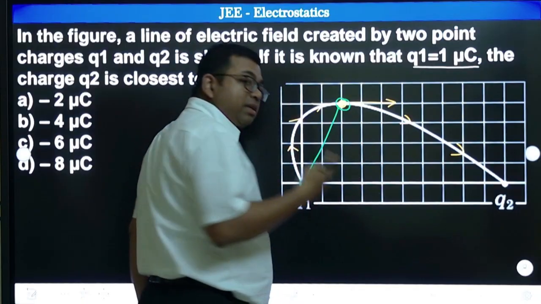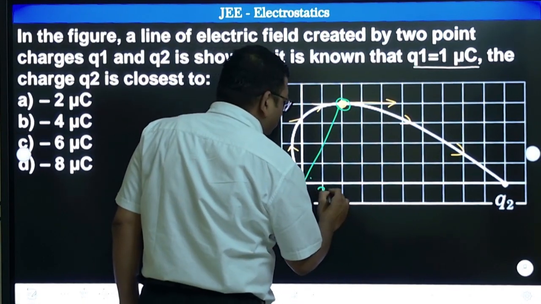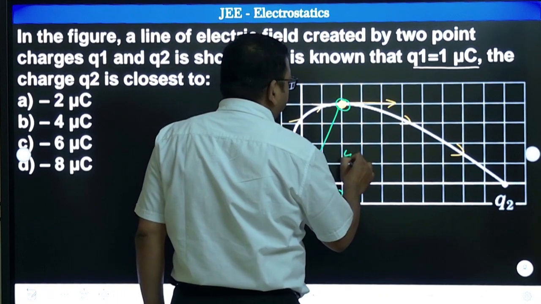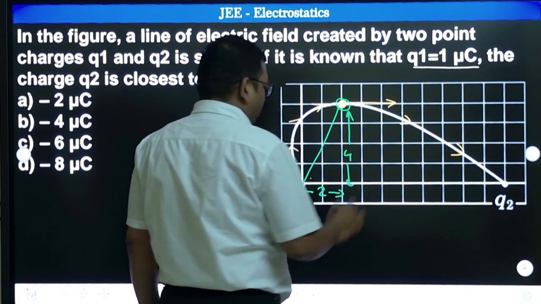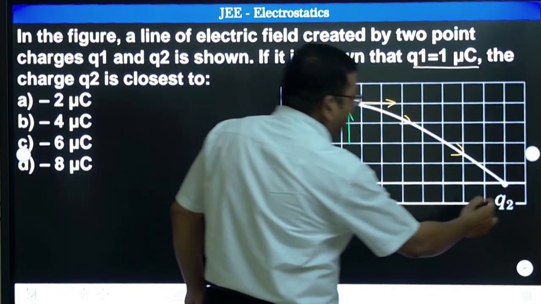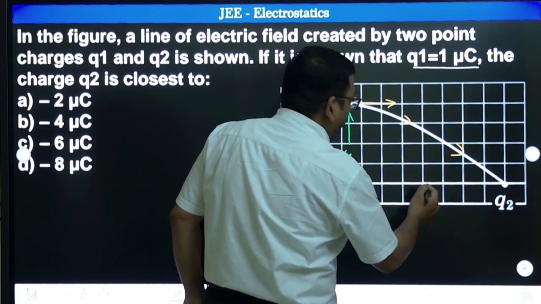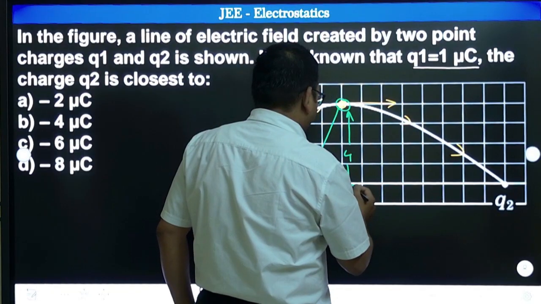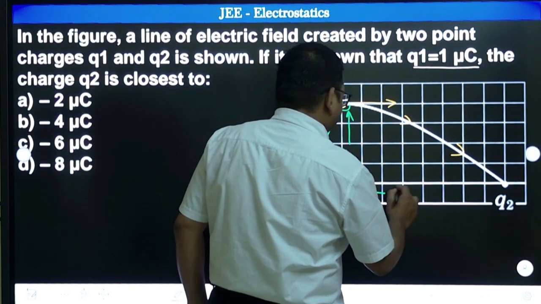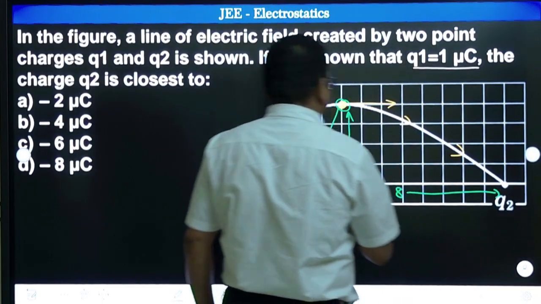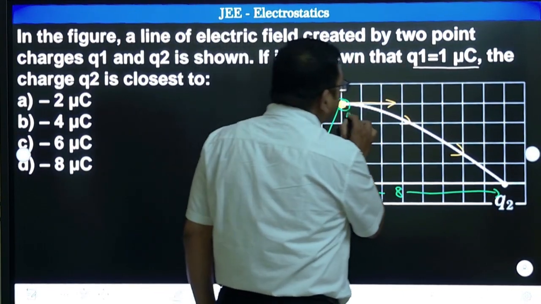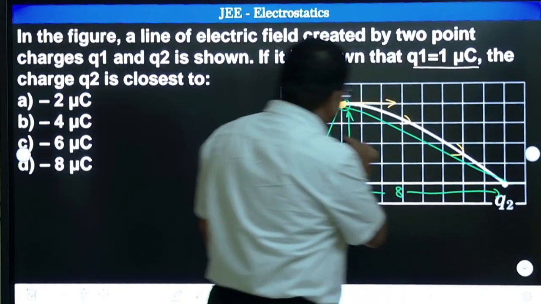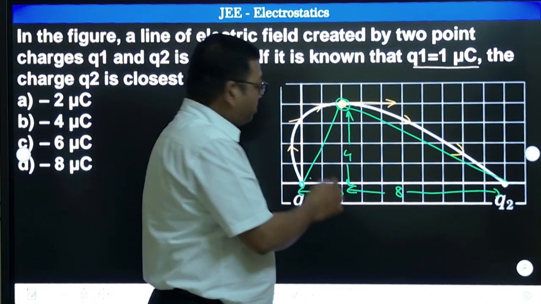Let us take this as 2 units and this as 4, correct? Similarly, on this side 1, 2, 3, 4, 5, 6, 7, 8. This side is 8, and this is 4 only. This distance we can calculate because this is like a hypotenuse, right?